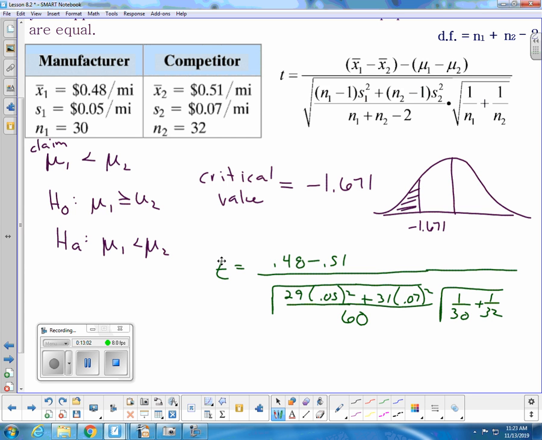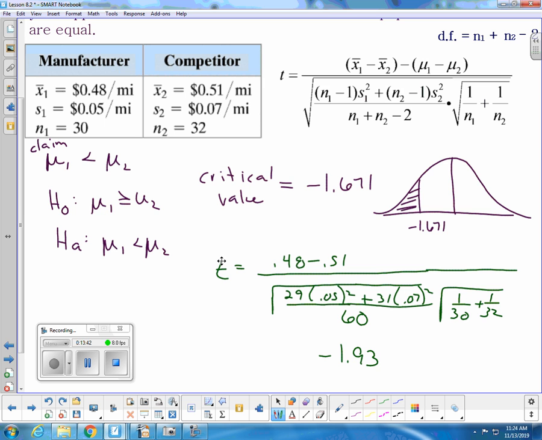Big long formula, but you can do the subtracting one in your head, right? So it's not that crazy. So I would do it separately. I would do the top and then the bottom, however you need to do it. It should equal negative 1.93. That's what it should equal. So check your calculators, make sure you can put that all in, however you're going to do it.